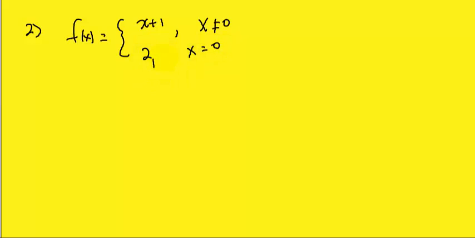Number 2. f of x is equal to x plus 1 when x is not equal to 0, and 2 when x is equal to 0. Determine the intervals in which f is continuous. Basically you have a line, so let's sketch the graph of that line.